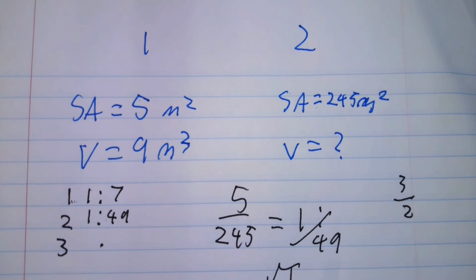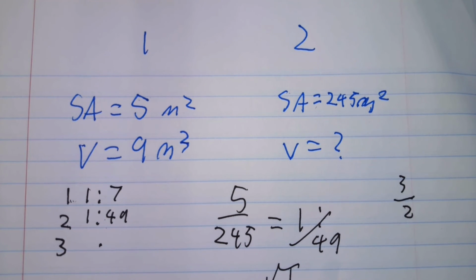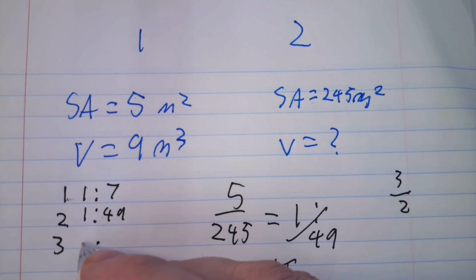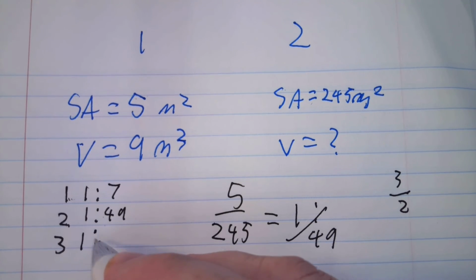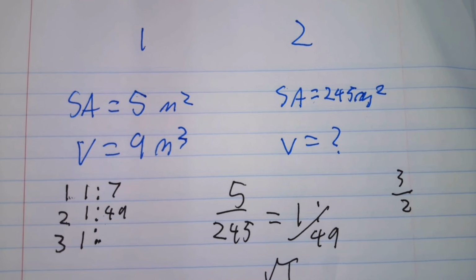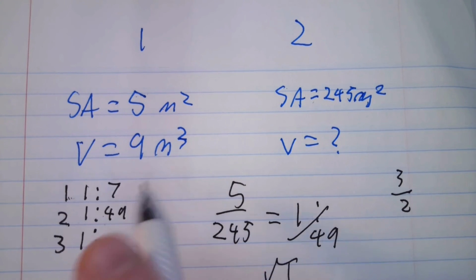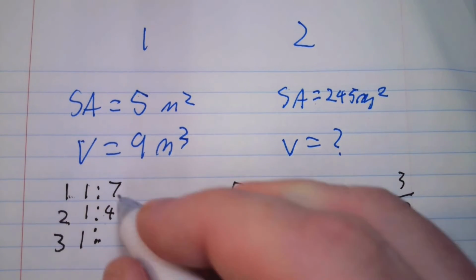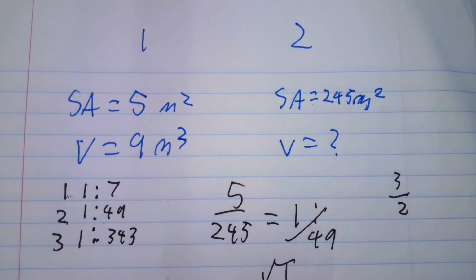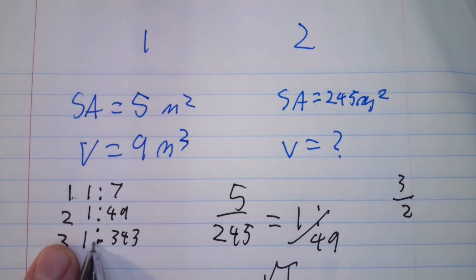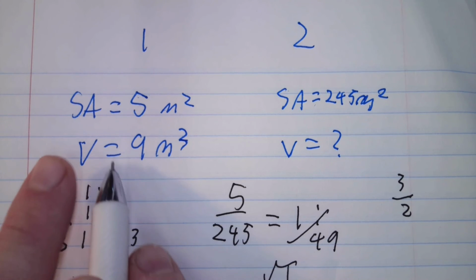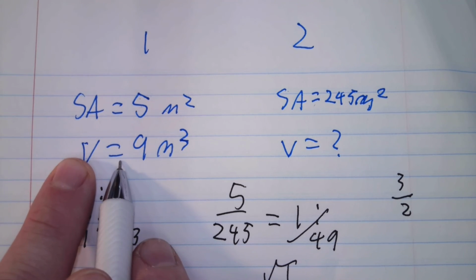Now I can go up to volume, right? 1 cubed. 1 cubed is 1. I like ones. 7 cubed is what? Okay. So now I have my volume ratio. And I'm trying to find volume, right?